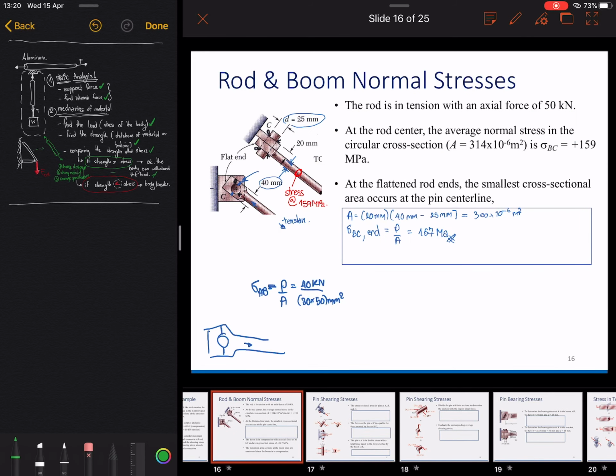But here we expect to have a crack on this area because it's 2 megapascal more than the strength. Expected.